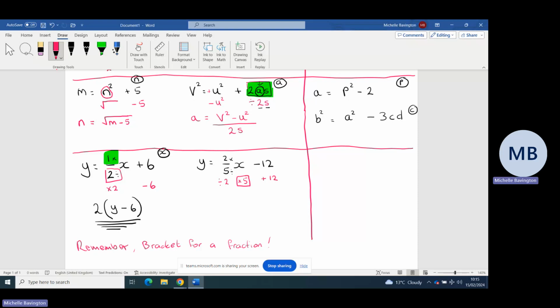Right, let me just double check because I did make an error. So 2 times is divide 2. Good. 5 divided is times 5. Times goes outside my bracket. And then opposite that, yeah, great. Okay, so 5 outside my bracket.